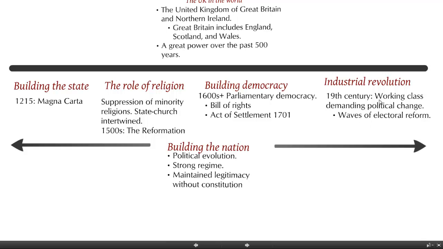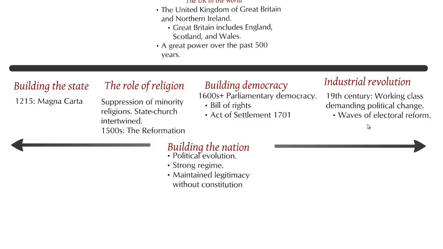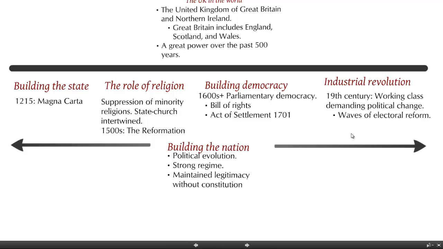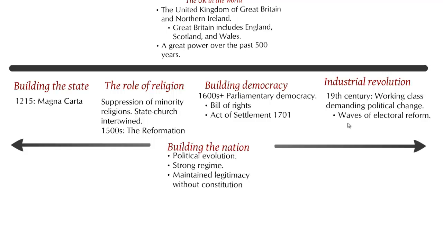And of course, one really significant effect of that is the working class demanding political change, demanding the extension of suffrage to people who didn't have the vote originally, so people who were not landed men of property, and the response being waves of electoral reform that slowly expands suffrage and democratic rights, and also results in more and more power for the House of Commons.